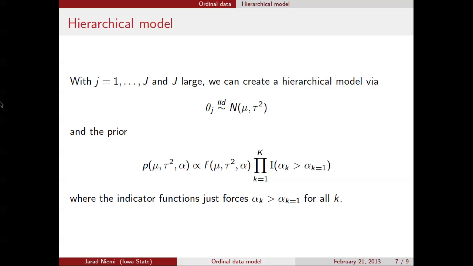But other than that, you can have any functional form you want for the mu's, tau's, and the alphas. We're going to show the JAGS code in a second. In the JAGS code, I just put a uniform prior on the alphas, a gamma prior on the precision, and a normal prior on mu.